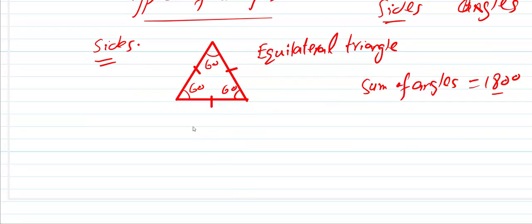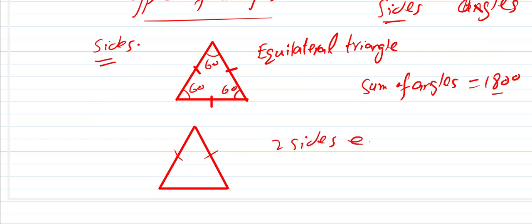The second type is the isosceles triangle. An isosceles triangle is a triangle in which two sides are equal. What do we call it? Isosceles triangle.